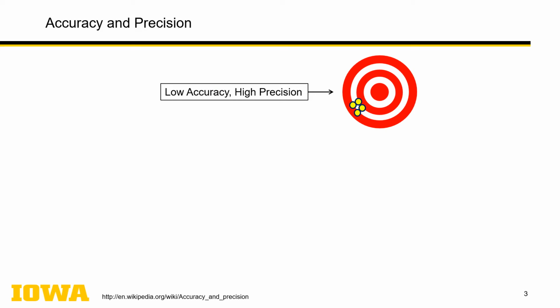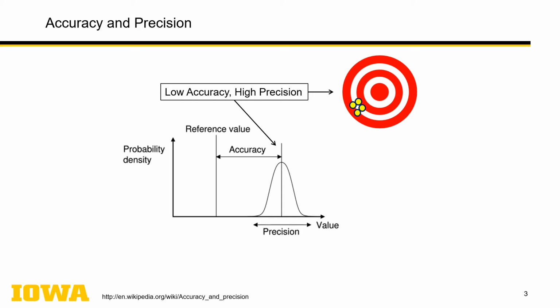So getting back to this concept in terms of our measurements, let's take a look at the issue of low accuracy, high precision. So we have, for example, not just 4 samples, but maybe 20, enough to create a distribution of those samples.